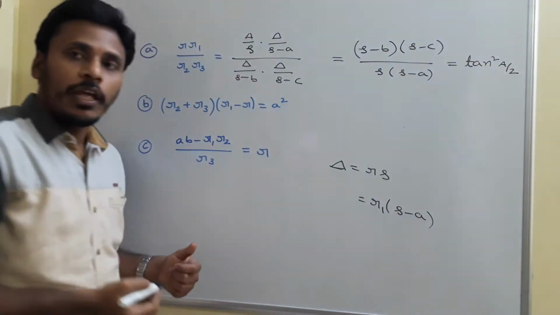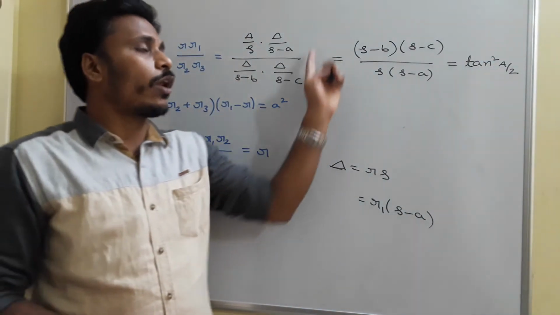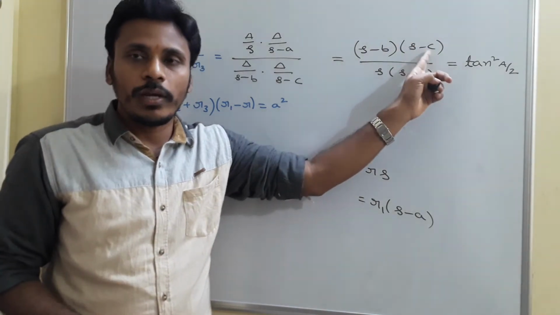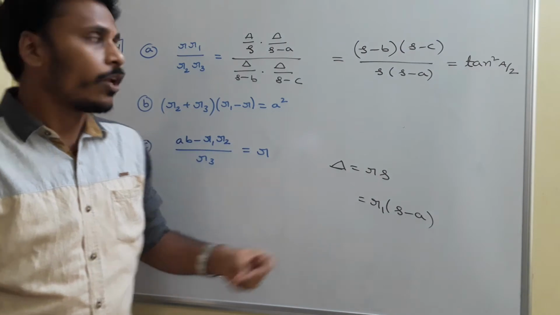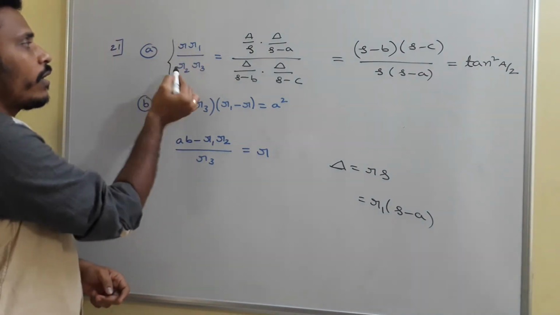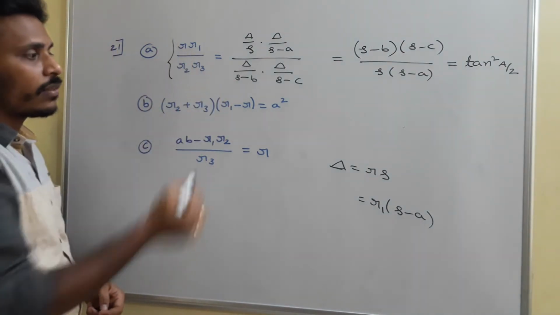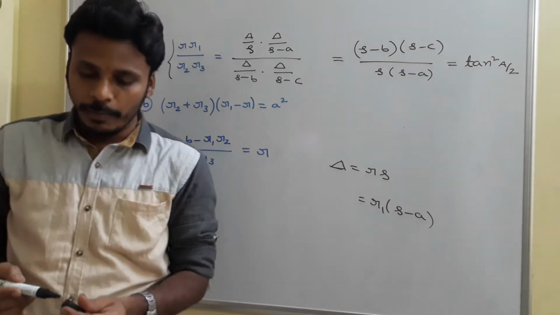We know that tan A by 2 is the square root of S minus B into S minus C by S into S minus A, and its square is this directly. So at the end R1 divided by R2 R3 is tan square A by 2.